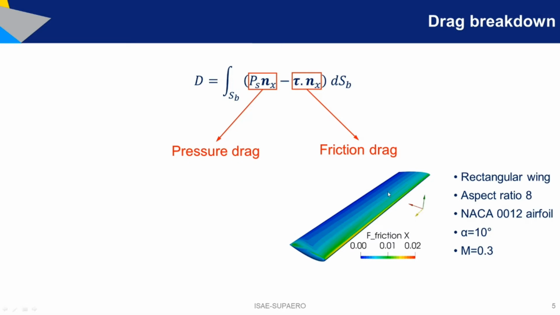You can evaluate this near-field equation, and if you show the friction force acting along the x-axis, which is evaluated point by point at each point of the surface, you will realize that the friction force is higher nearby the leading edge, and that's where the velocity is higher.